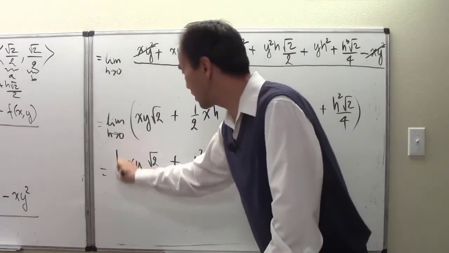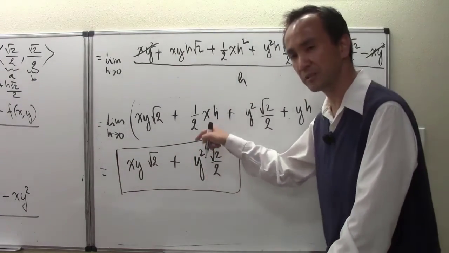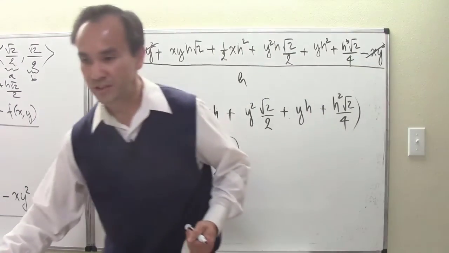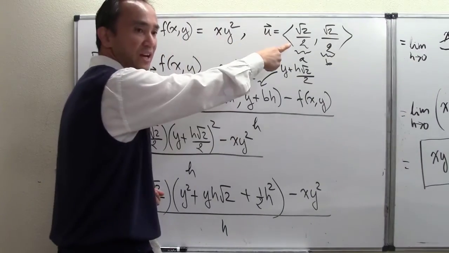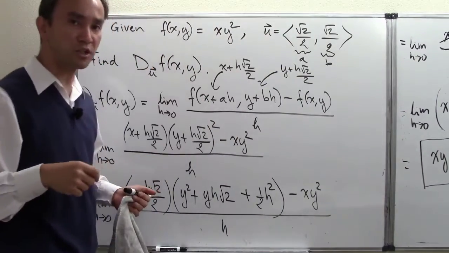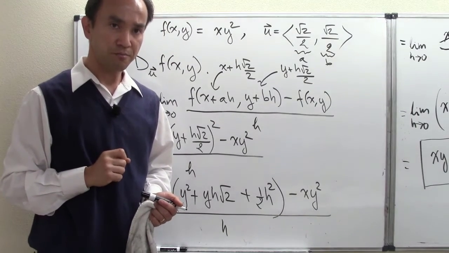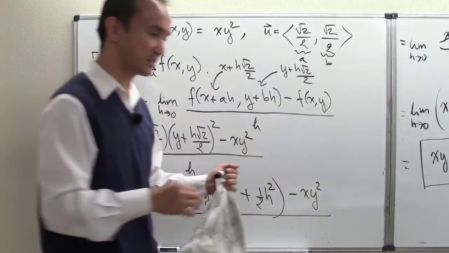So this is what I have for, yes, I call that the directional derivative of this beginning function in the direction of that vector u here with components square root 2 over 2 comma square root 2 over 2. Okay, so being able to get one done is just that.